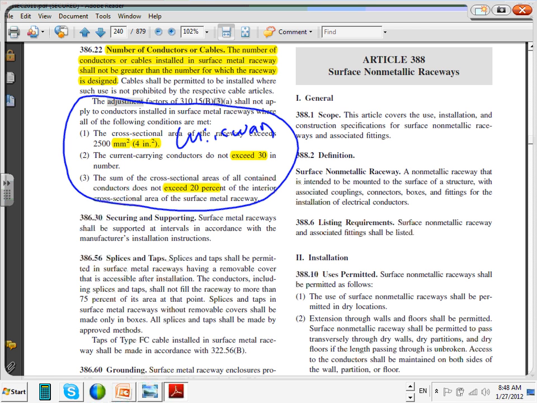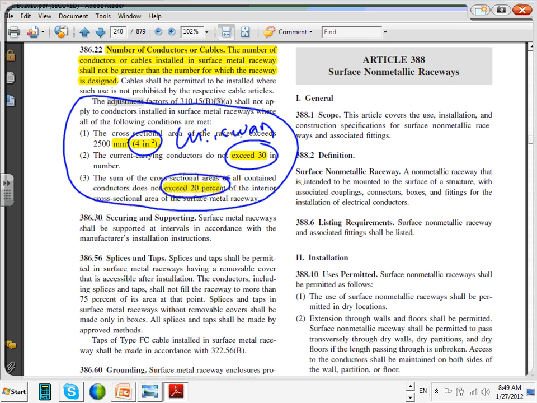No problem. You don't have to derate up to 30 conductors, and you maintain 20% fill, no more than 20%. It has to be at least 2 by 2 inches to give you square inches, or more, like 2.5 by 2.5 or 2.5 by 3 or so. In this case, you're looking at it as a wireway.